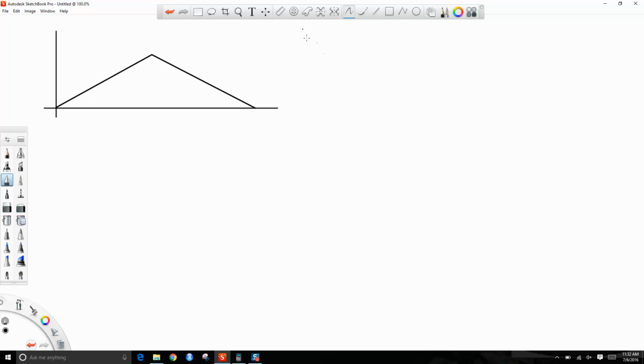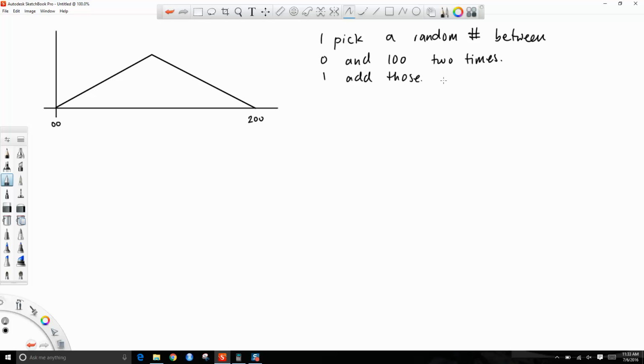So you can have, I pick a random number between 0 and 100 two times. Okay, and I add those numbers together. And you get something like this, okay?